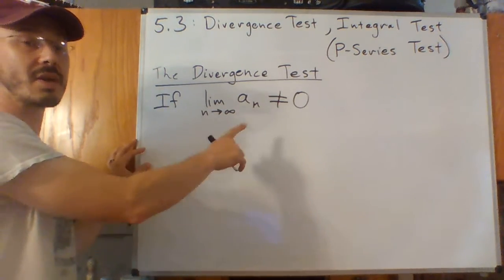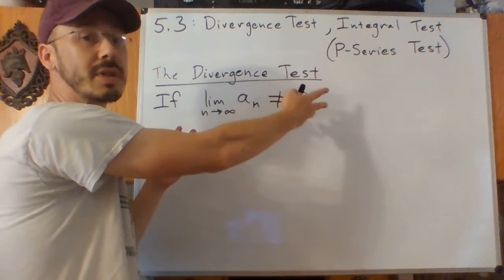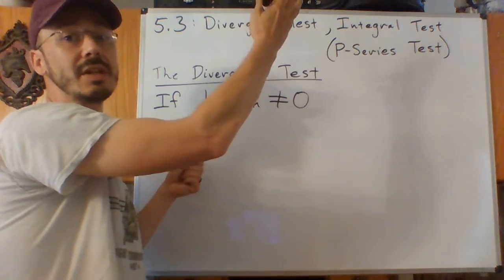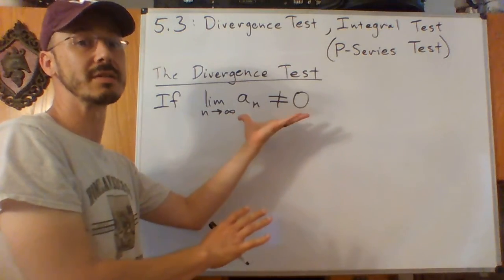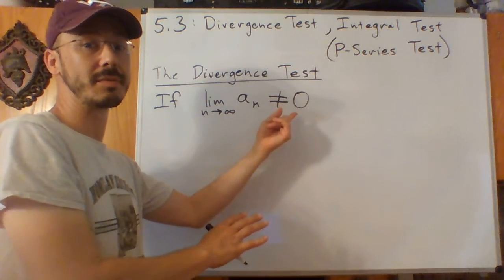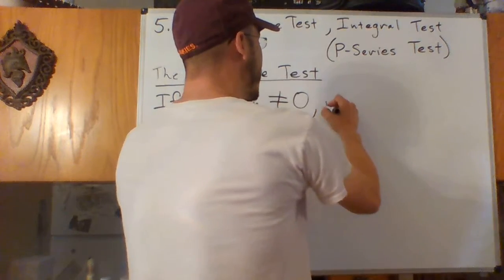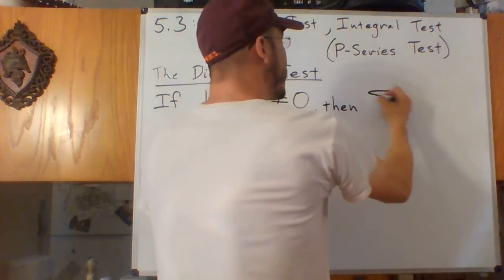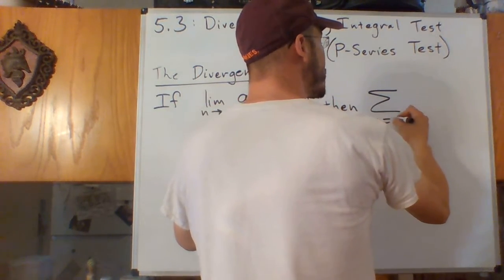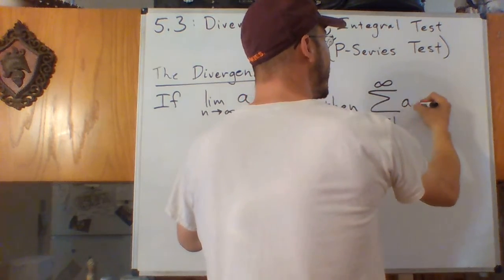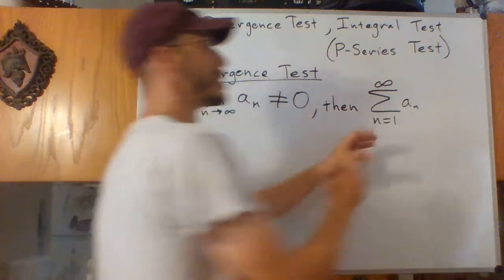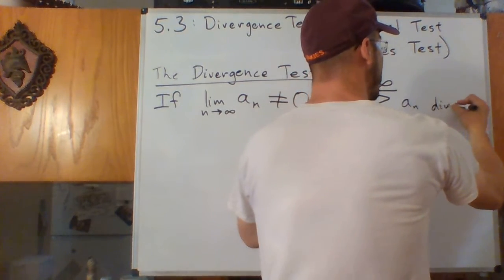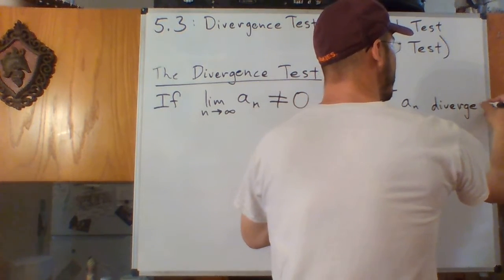So if this is so, either it's equal to a real number or equal to infinity, or the limit doesn't exist, any case other than 0, then the series from n equals 1 to infinity of a_n, the sum of all those terms of the sequence a_n, diverges.